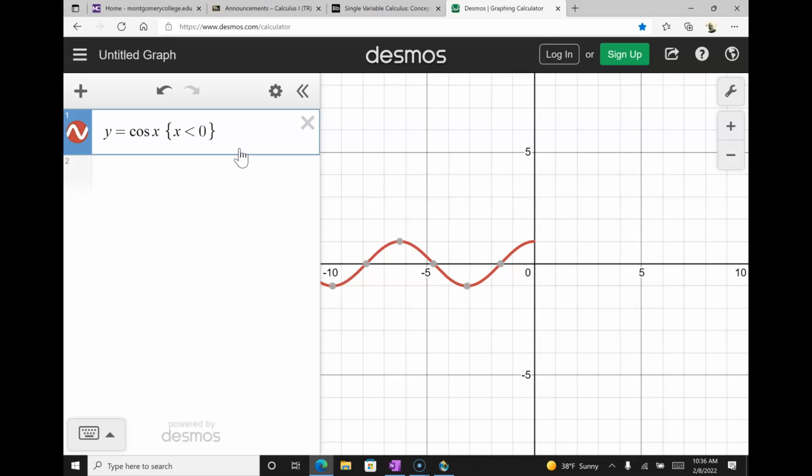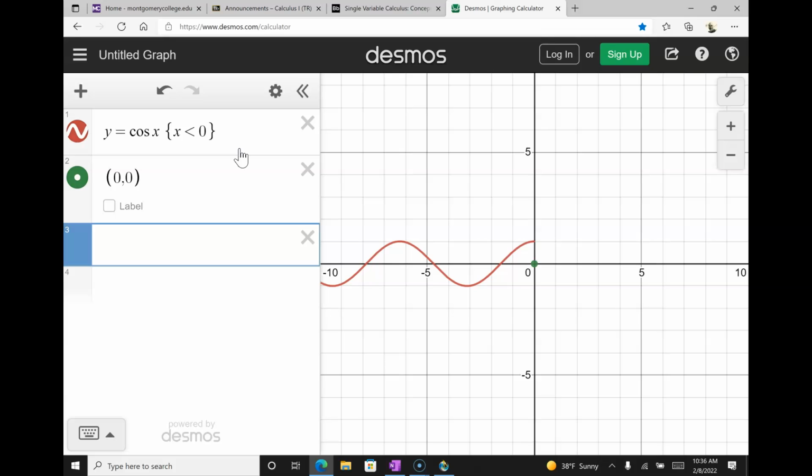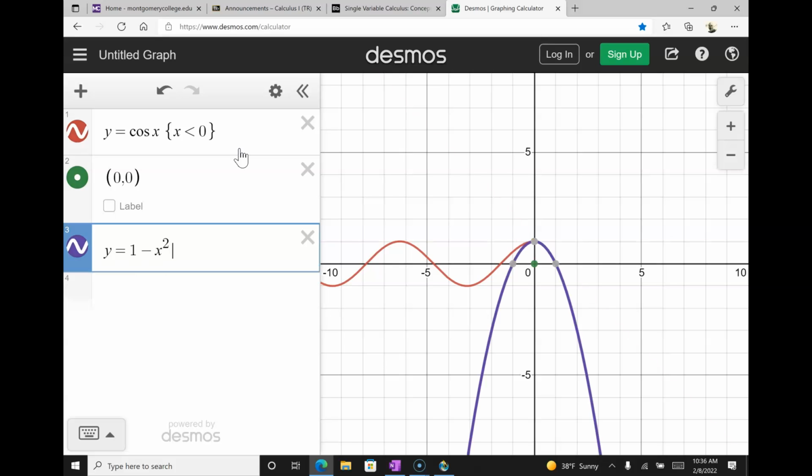So you see it's only showing my cosine left of 0. Then I had the point 0, 0. And then I had 1 minus x squared, right? So y equals 1 minus x squared for x greater than 0.